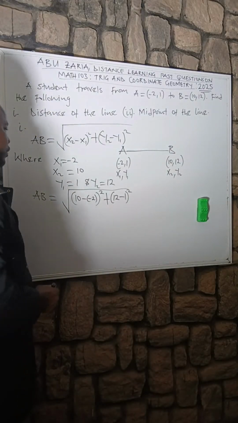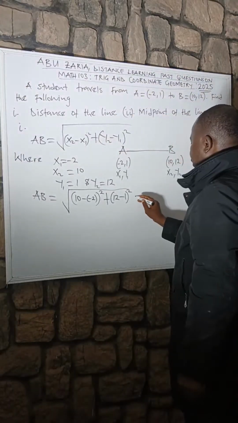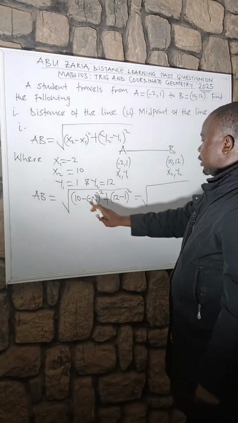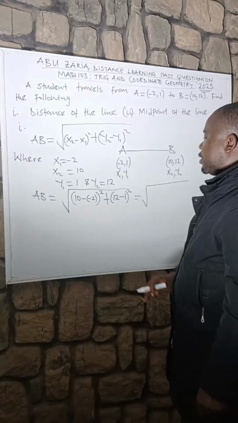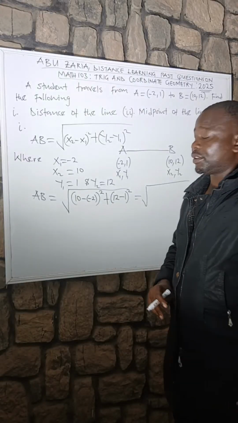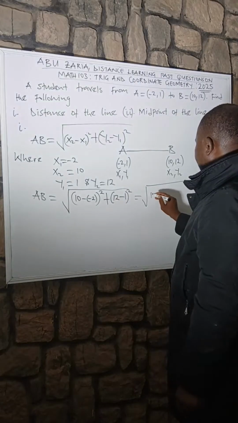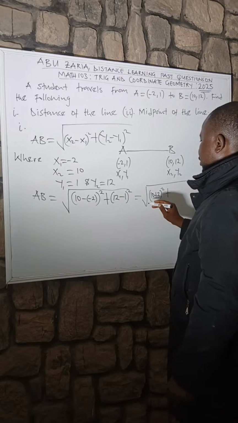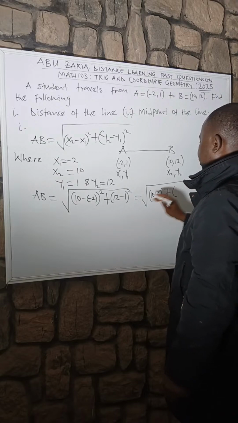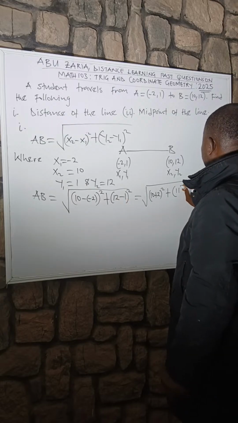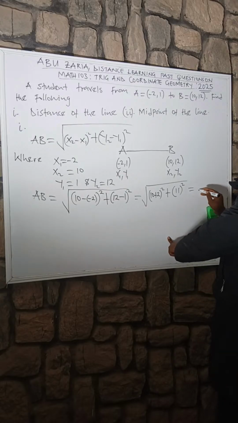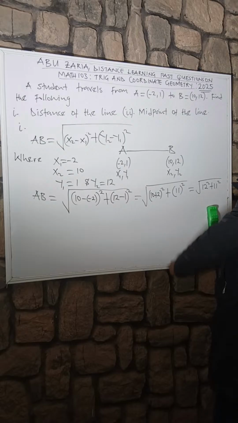So AB equals the square root of, minus times minus gives plus, so 10 plus 2 all squared, plus 12 minus 1, which is 11 squared. This is equal to 12 squared plus 11 squared.